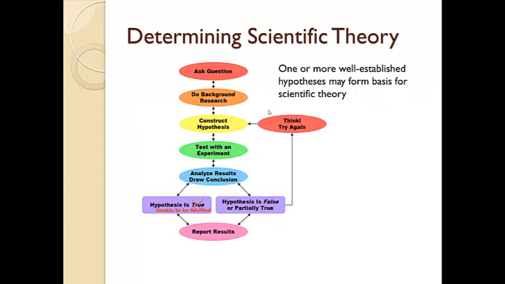So what about if a theory comes about? Well, once you do the whole scientific method over and over and over again, and you seem to have fairly reasonable results that are repeatable, eventually that method is going to become a theory. There's a slight difference between theory and law.